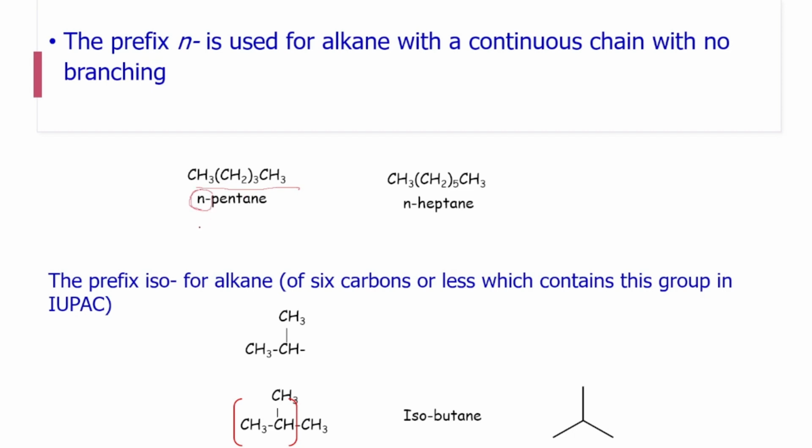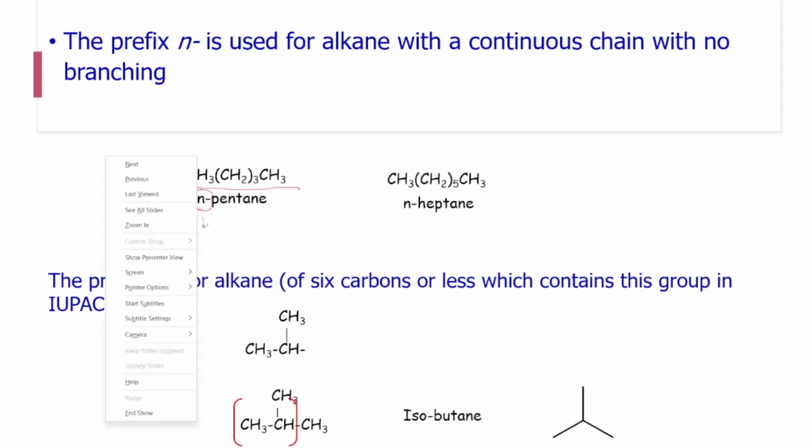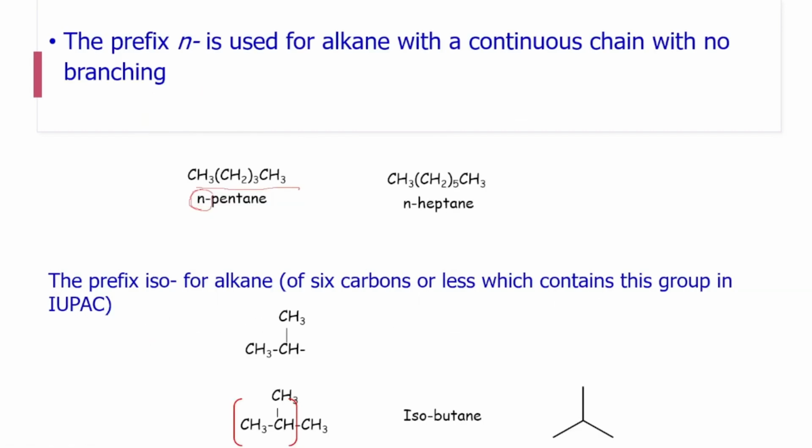This means this is normal pentane. N here means normal, and normal means straight chain. So this means that I have a pentane in which the carbons form a straight chain, no branches at all.